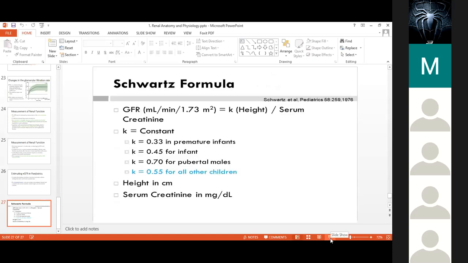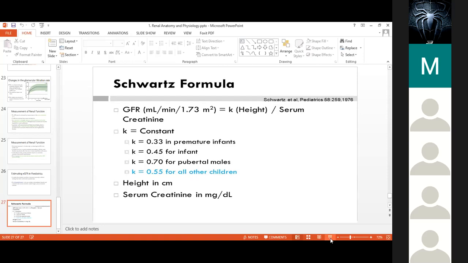So let me give an example. Let's say you check a child's BUE creatinine, and the creatinine is, let's say, 100. To check the eGFR of the child, let's say the child is 100 centimeters as well. 100 centimeters would be 1 meter. So to calculate the eGFR, it's a constant.